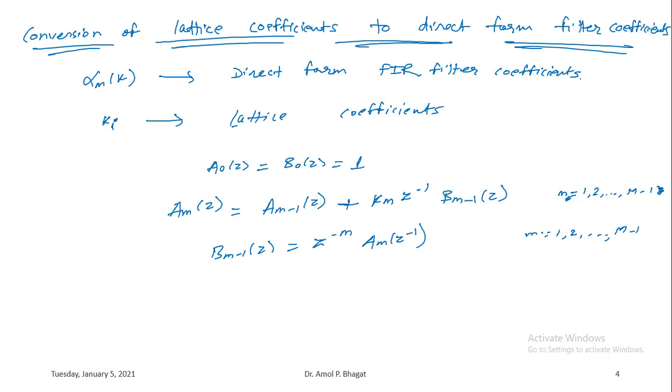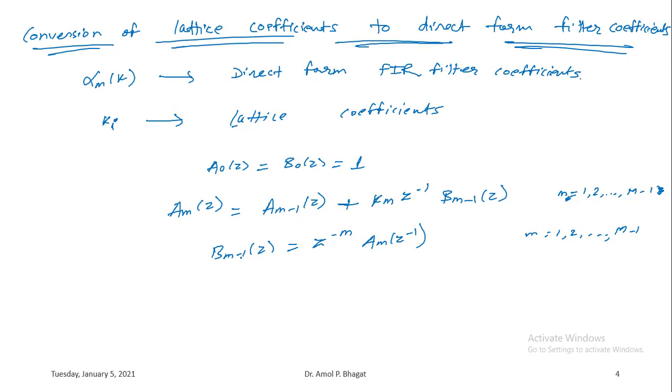So the solution here is obtained recursively beginning with m equals 1, right? So you will have the equation a1 of z is equal to a0 of z plus k1 z inverse b0 of z. Okay, so this b0 of z you can obtain from z inverse a1 of z inverse, right?